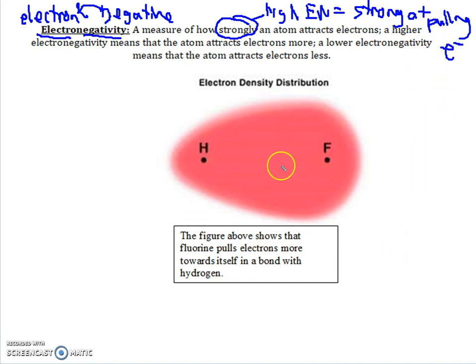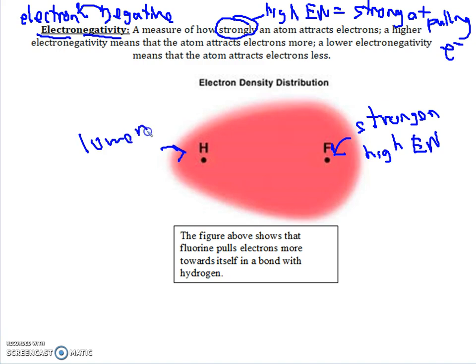So we've got H, we've got F. It says electron density distribution. And it says the figure above shows that fluorine pulls electrons more towards itself in a bond with hydrogen. So then if fluorine is pulling them more, that means fluorine is stronger. So this must have a high electronegativity, and hydrogen must have a lower electronegativity.